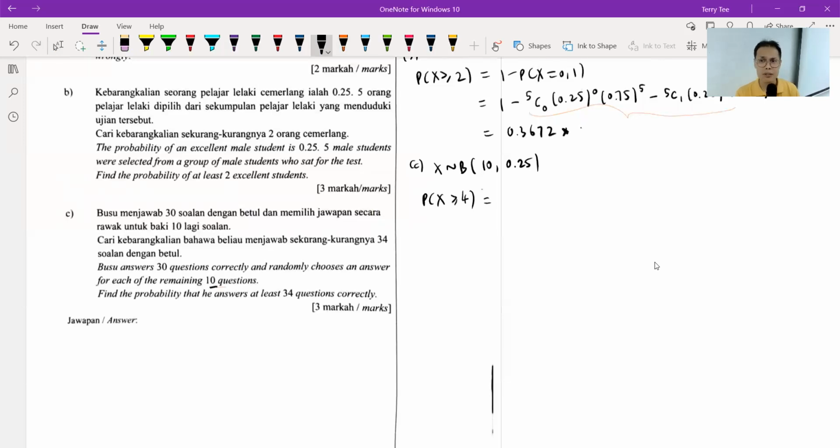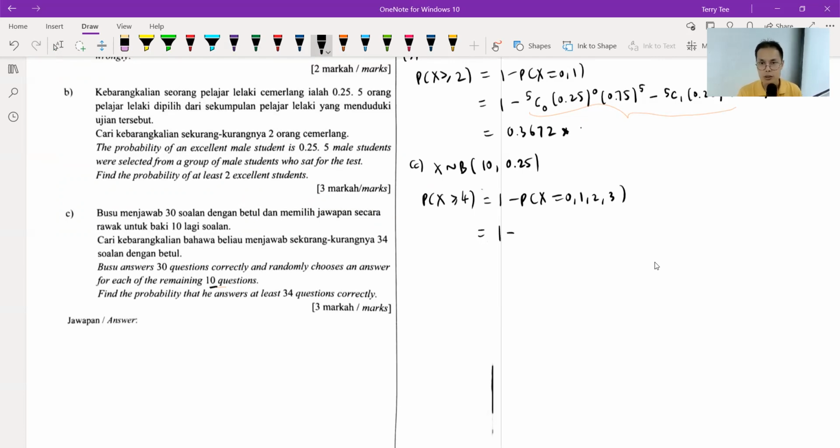So this is very long. If I list 4, 5, 6, 7, 8, 9, this is very long. So what we can do is 1 minus 0, 1, 2, 3. Even then, this is a bit long as well, so you have to write down 1 by 1.